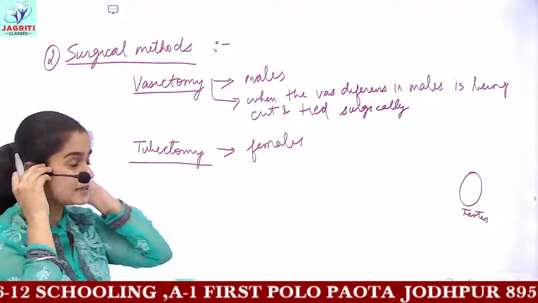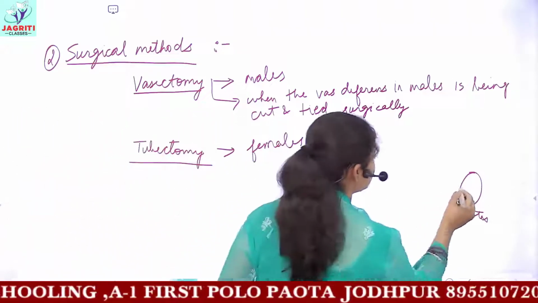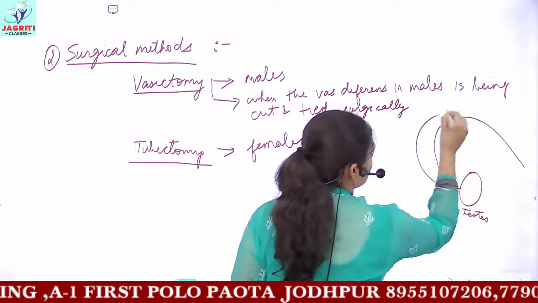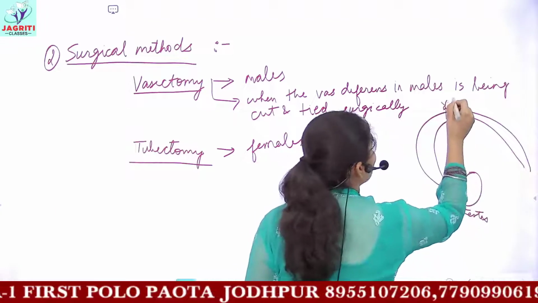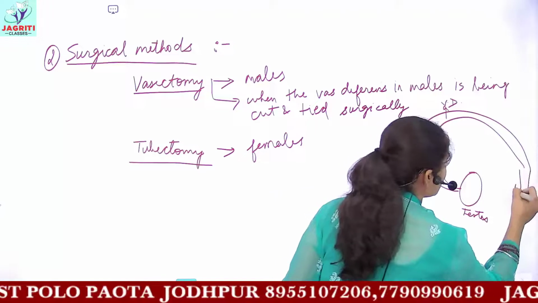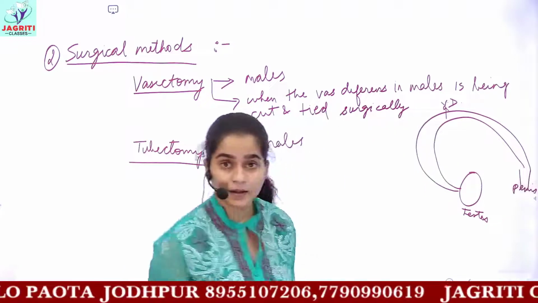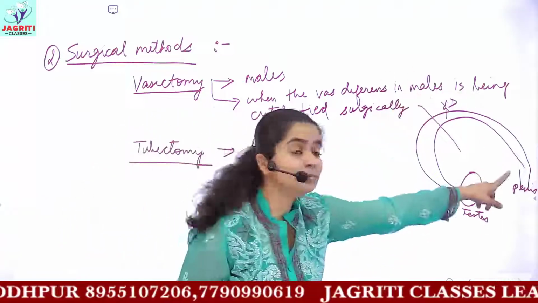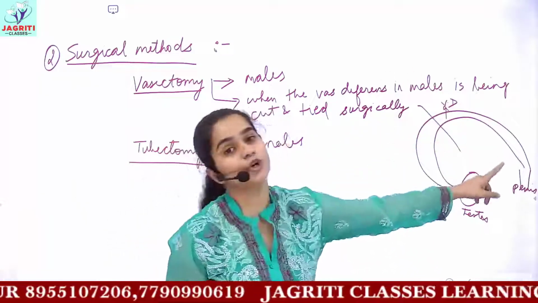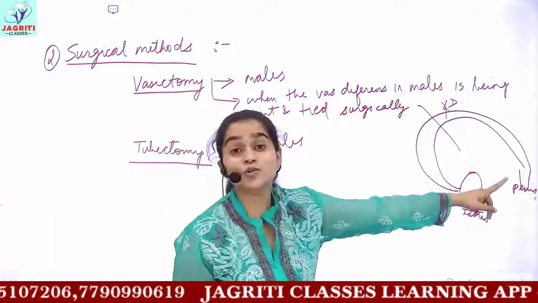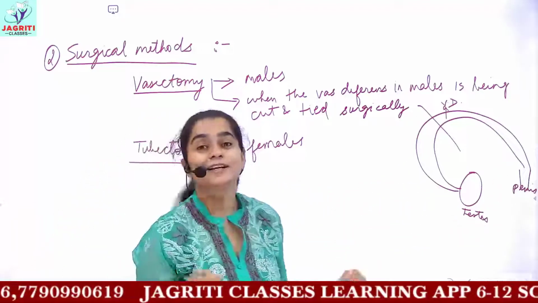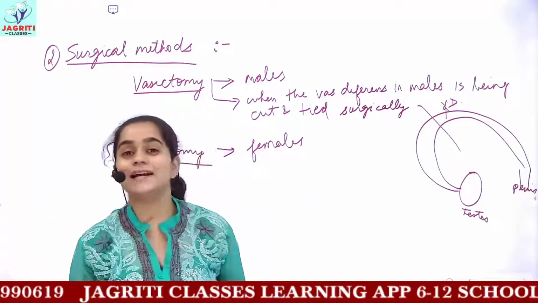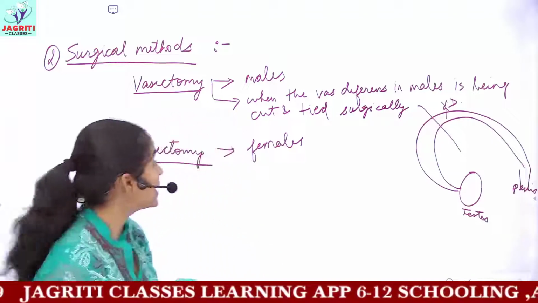So once I cut the vas deferens, the transfer of the sperms would not be possible. And once the transfer is not possible, how can fertilization occur? So no fertilization would occur.